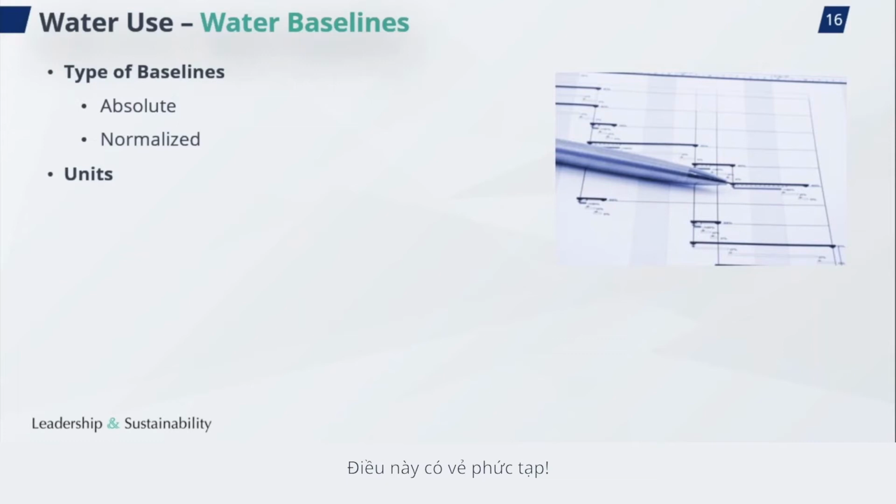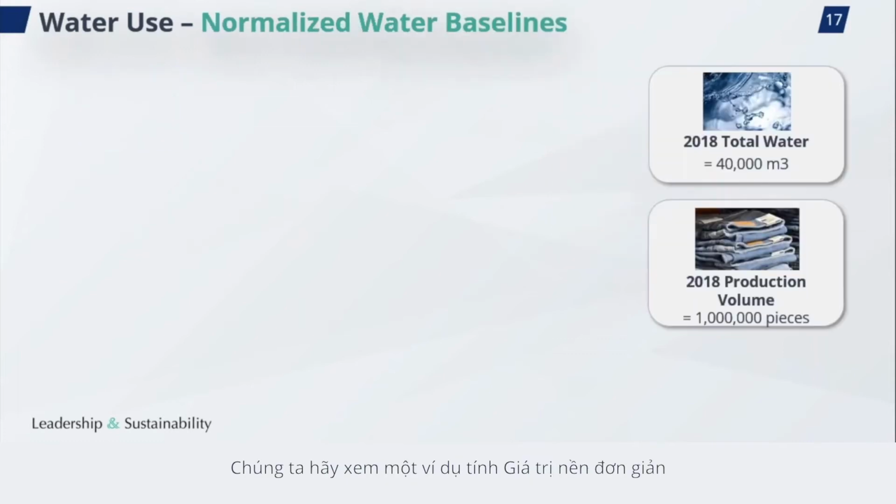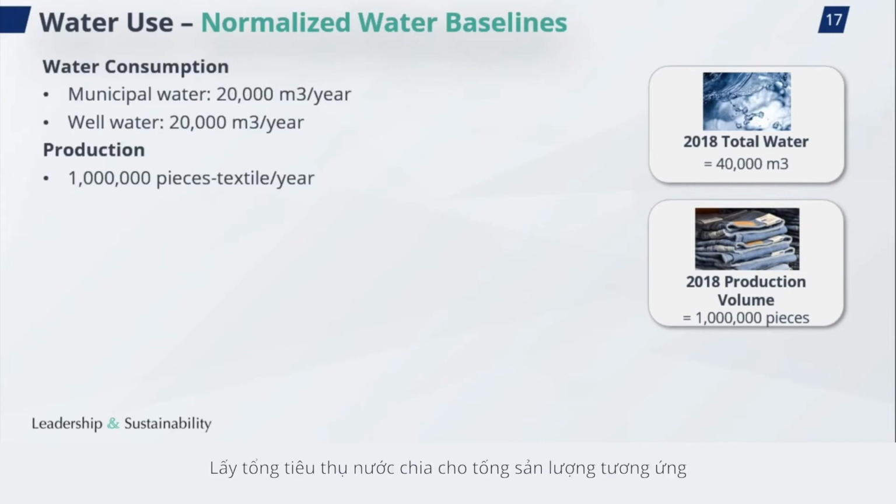So let's see how you can calculate a simple water baseline. Let's say that we have a total water consumption of 40,000 cubic meters, and with that we produced 1 million pairs of jeans. Now we divide the total water consumption by the total production volume.